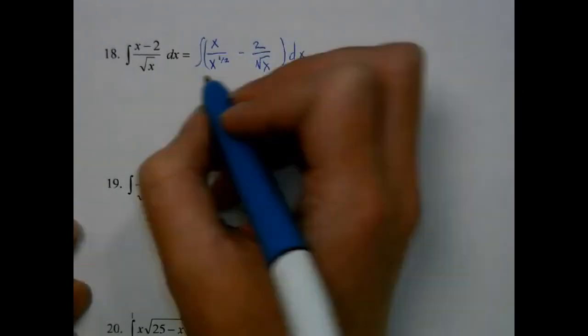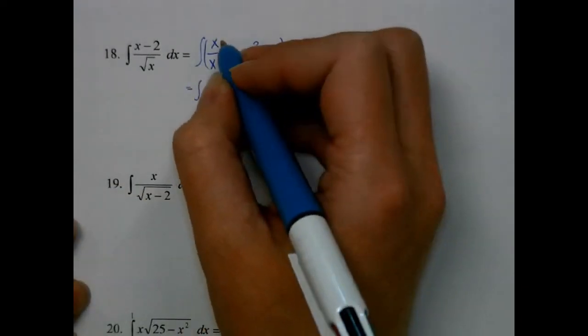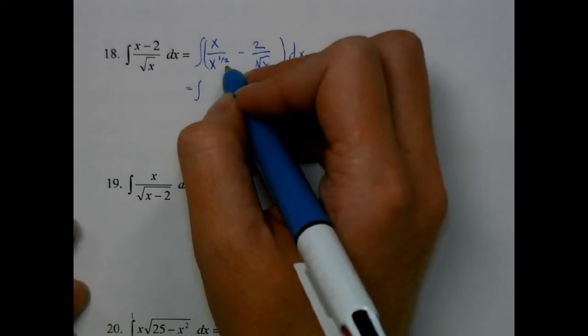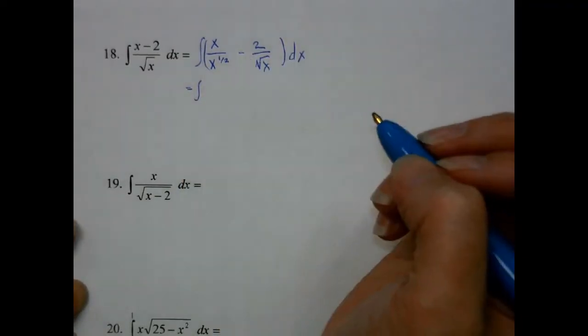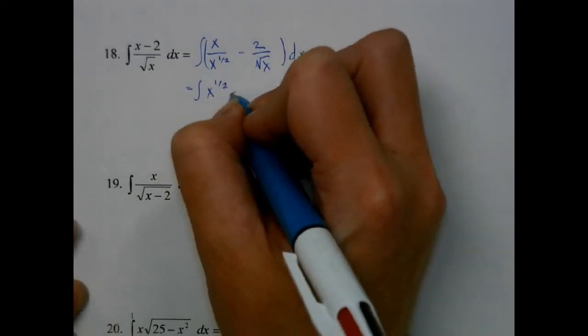So this one's going to simplify: x divided by x to the 1/2, we'd have 1 minus 1/2, which is 1/2. So this is x to the 1/2. I'll go ahead and split these up.